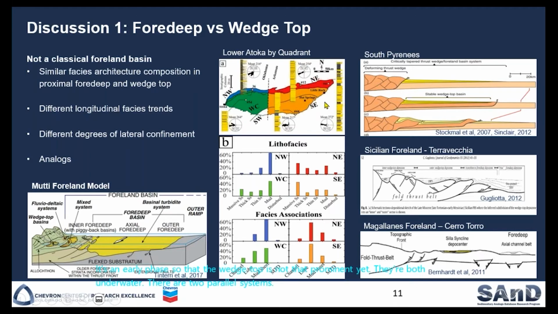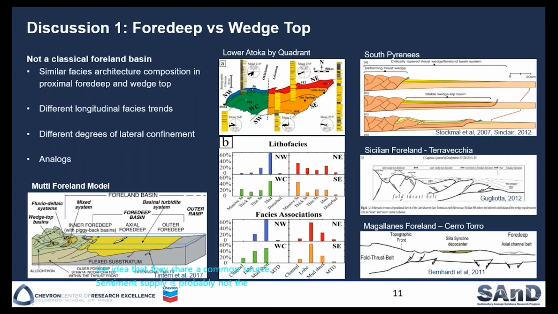If we look at the facies results by quadrants, we can divide the Foredeep and the wedge top into quadrants, and then compare the proximal Foredeep and wedge top, and we can see the facies compositions are almost identical. That supports the idea that they share a common source. So sediment supply is probably not the reason.